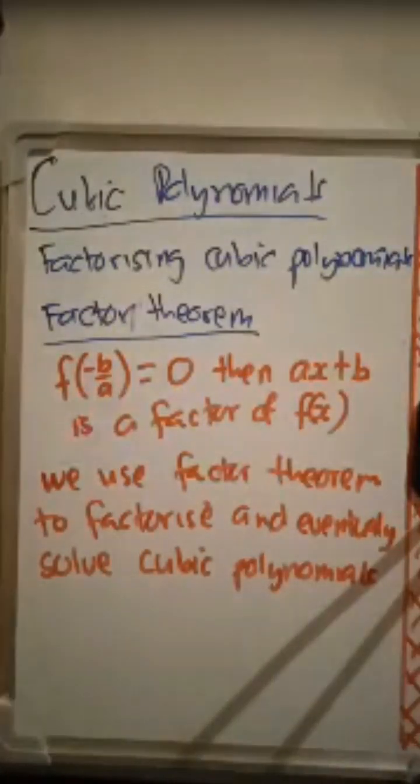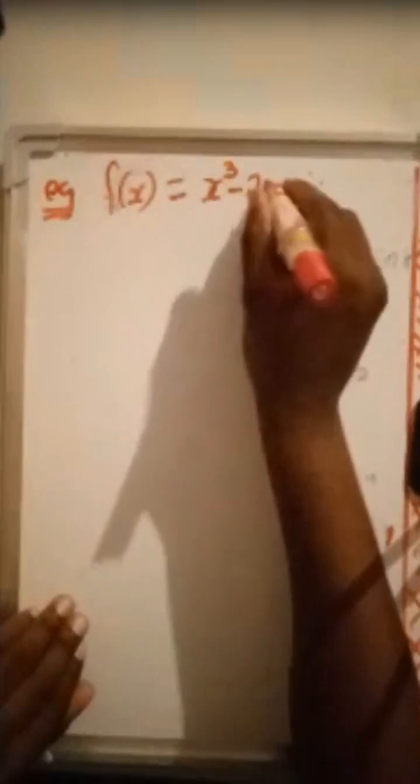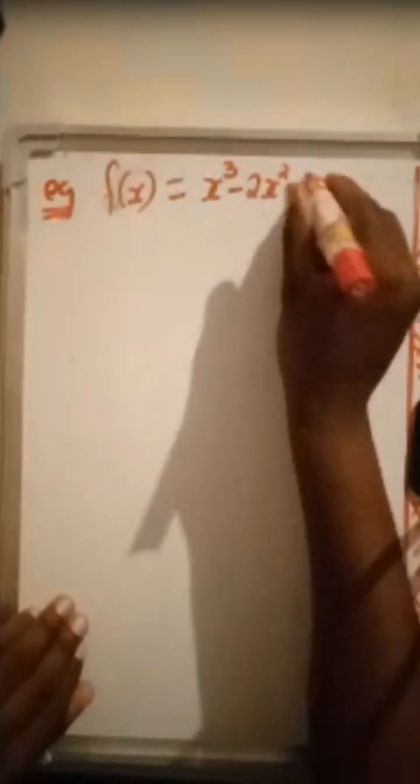Okay, right, now let me go into the gist of things. I want to deal with the factor theorem and eventually factorization of cubic polynomials by looking at an example. Let's say we are given f of x is equal to x cubed minus 2x squared minus 5x plus 6.